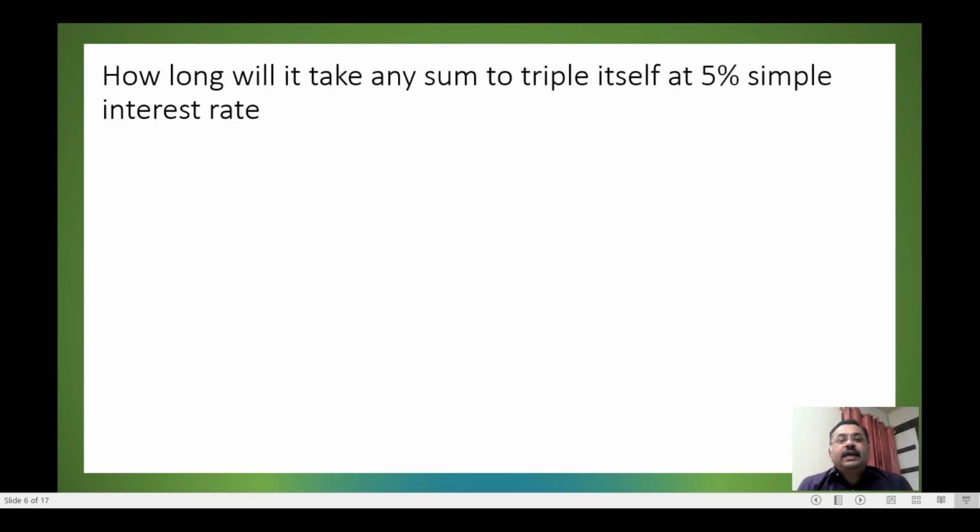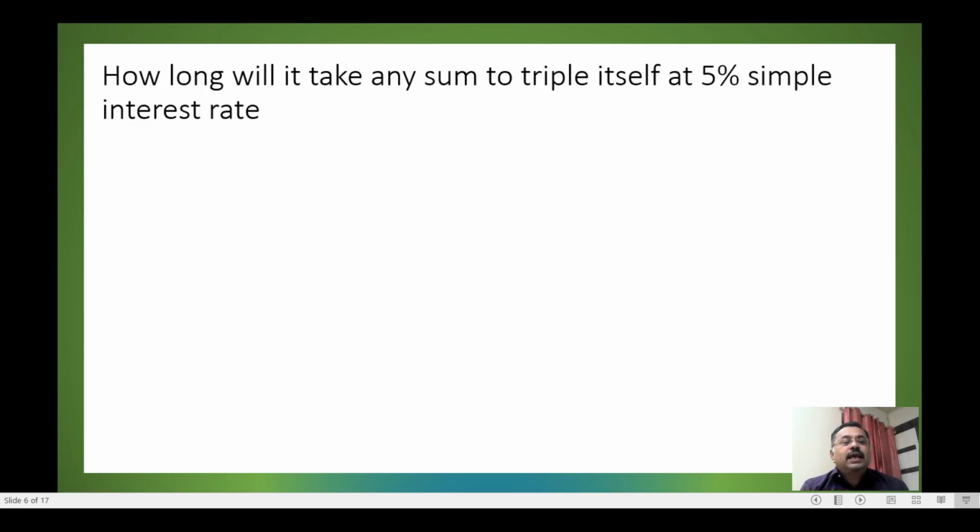Now let us see how long it will take any sum to triple itself at a 5% simple interest rate. That means a sum is being kept, maybe 100 rupees or 1000 rupees. For an example, we can take it as 100 rupees. If I keep 100 rupees, how much time will it take to become 300, that is 3 times, with an interest rate of 5%.